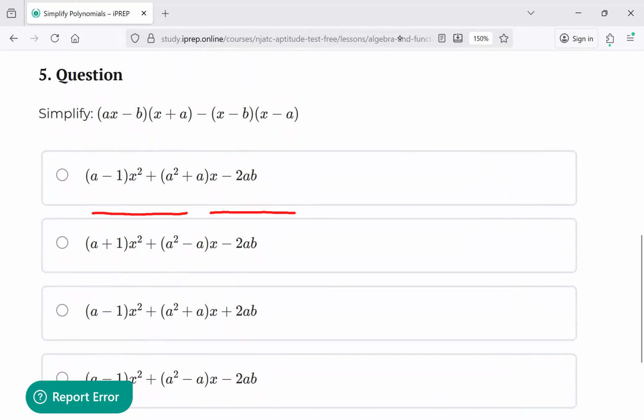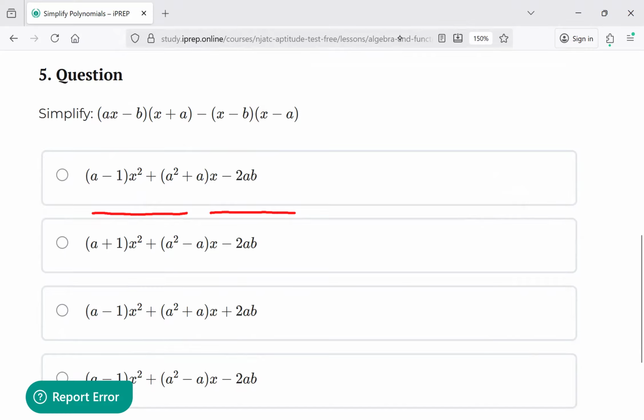What could we do? Should we just FOIL it out and then go from there? Or is there another way? Is there like a shorter way? I know I can't factor out a GCF, right?